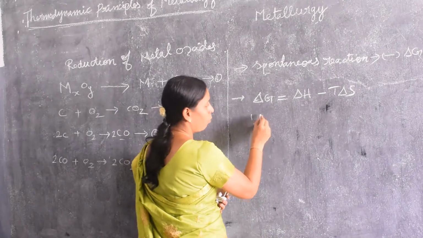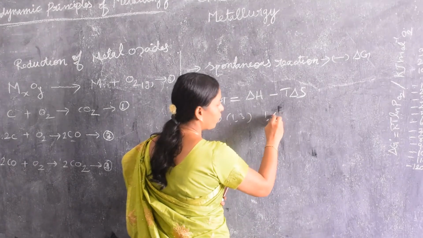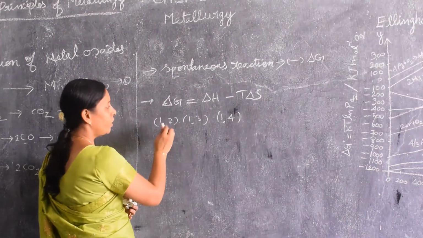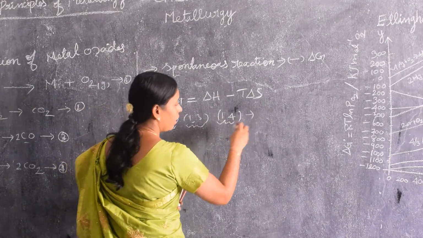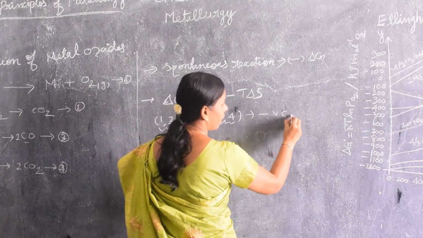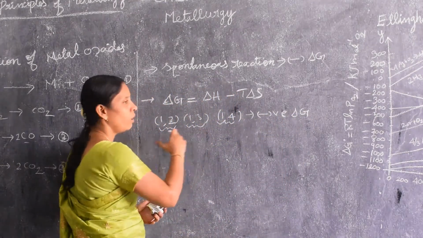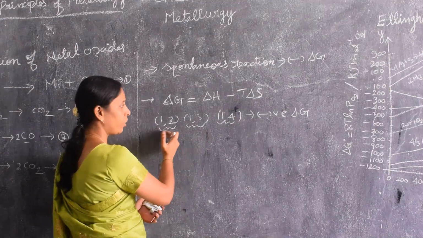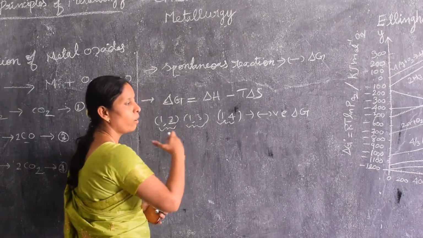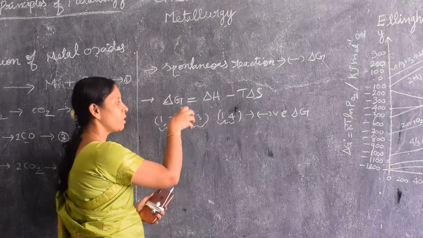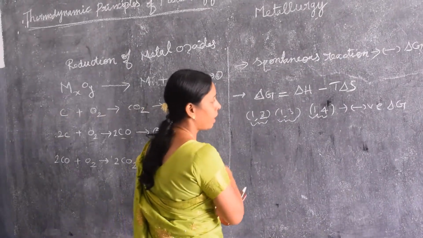If these 3 coupled reactions give a negative delta G value, the one which provides the largest negative value is used as the reducing agent for this metal oxide reduction.